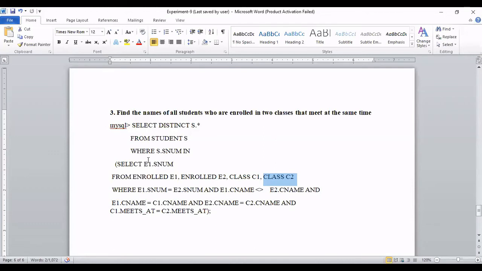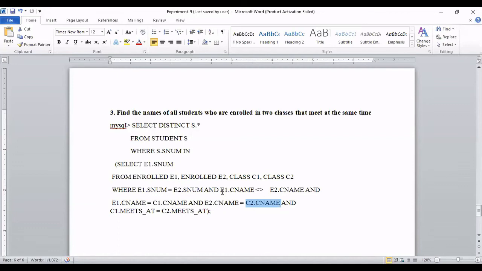That will be compared. The common attribute of enrollment and class is CNAME, the class name. So E1.CNAME must be the same as C1.CNAME. Similarly, E2.CNAME must be the same as C2.CNAME, because we have taken two enrollments, so that's why we are taking two classes.